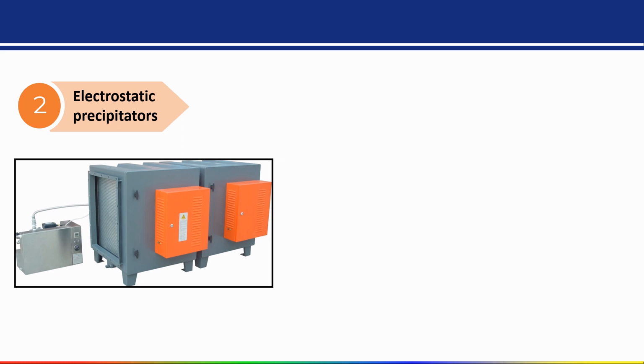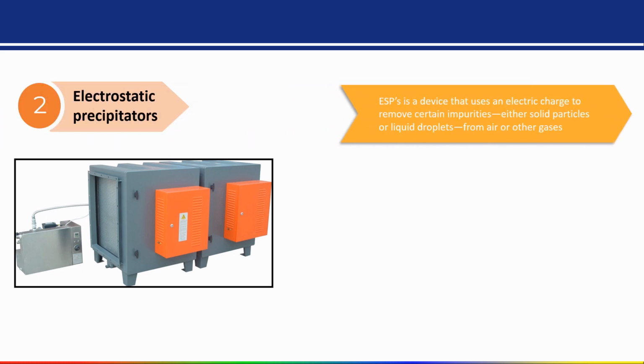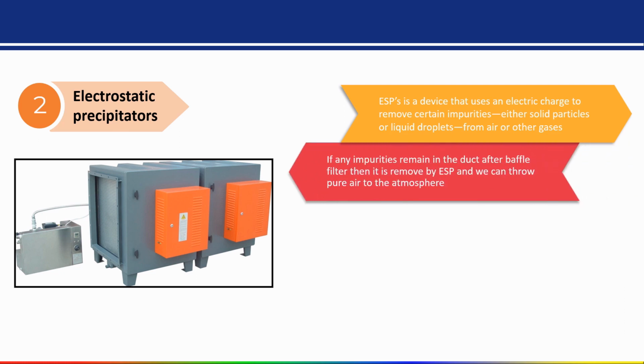Now the next component is the electrostatic precipitator, in short you can say ESP. An electrostatic precipitator is a device that uses an electric charge to remove certain impurities, either solid particles or liquid droplets, from air or other gases. The function of the electrostatic precipitator is what?